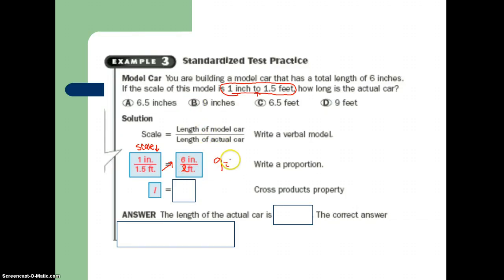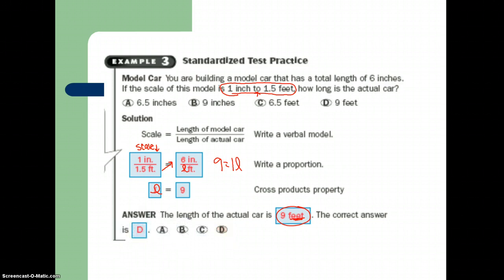That equals 1 times L, which is just L. So 9 equals L. The length of the actual car is 9 feet. Remember to label. When we're talking about scale, we have to label it, so that should be feet. The answer is D.